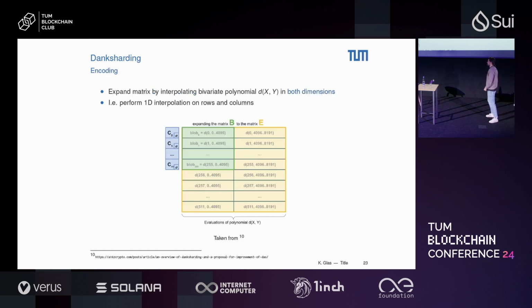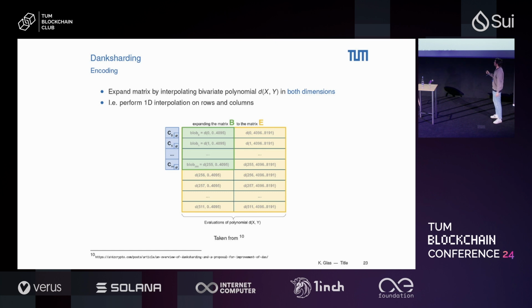And then we perform our interpolation, and this is now a two-dimensional interpolation. So we have a two-dimensional polynomial, and we do 1D interpolation in both directions, first for the rows, and then for the columns. Therefore we get this expanded matrix where all of those yellow fields are parity data.